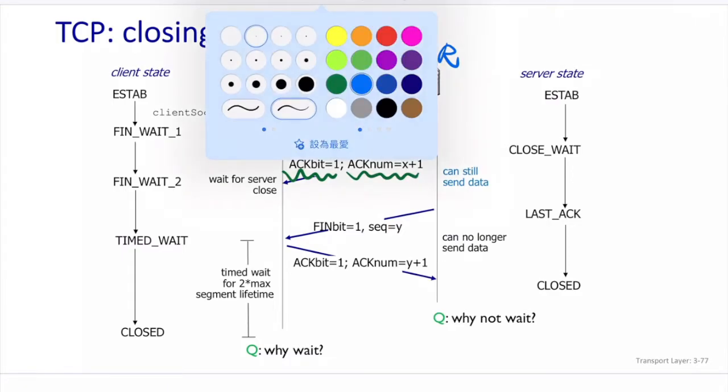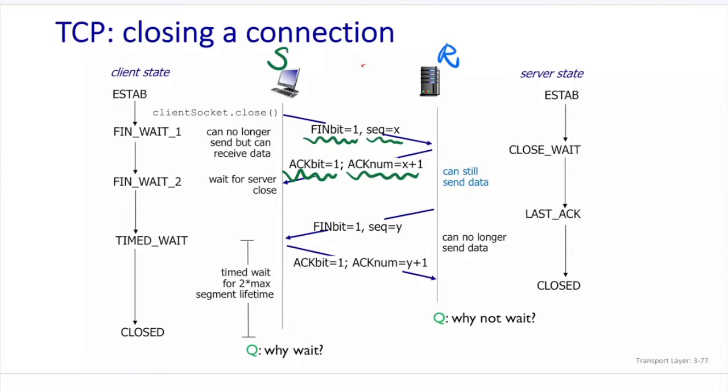So the right hand side, the server or the receiver, can still send data right here, because the green segment only specifies that S will not send any packet to R, but R has its own sequence number and its own acknowledgement, right?